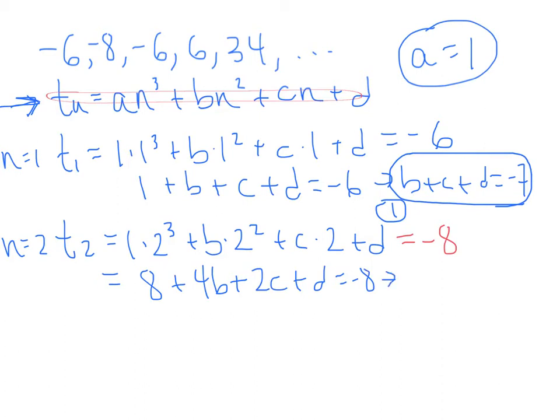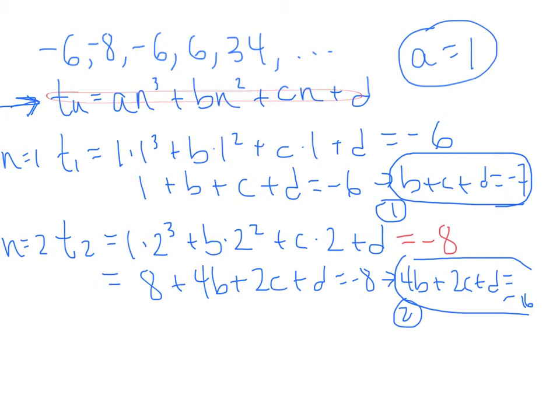Or I could rewrite that one as 4b plus 2c plus d, and that equals negative 8 minus another 8, negative 16. So that's my second equation. Sorry that I'm running out of room here. And so I'm going to label that as number 2.